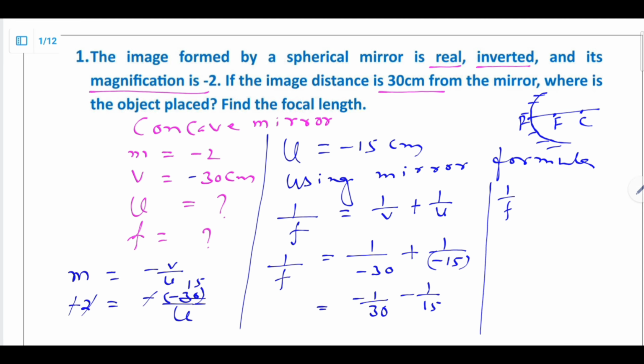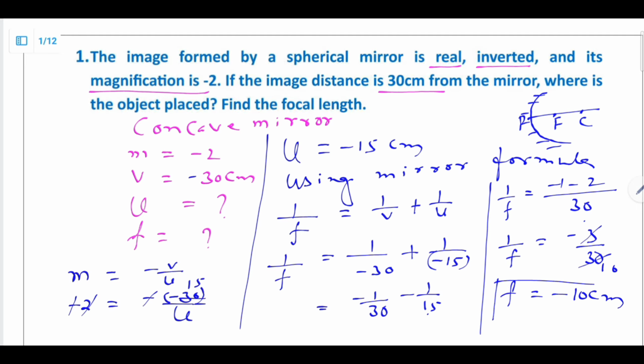LCM is 30, so -1 minus 2 gives -3 by 30, which is -1 by 10. Taking the reciprocal on both sides, f equals -10 centimeters. So the focal length of the mirror is -10 centimeters. A negative focal length indicates the given mirror is a concave mirror.